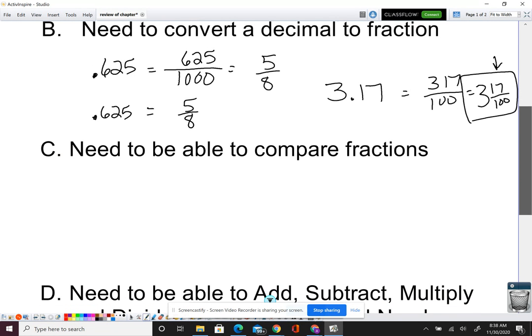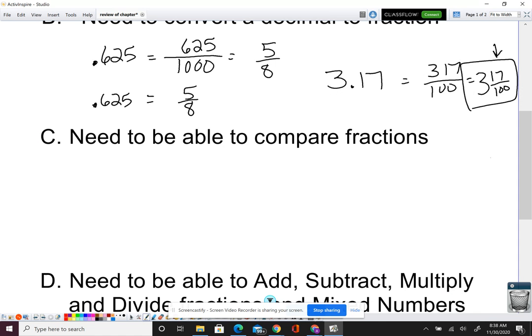There are two types of comparisons that you have to do. Which one's larger, 2/5 or 6/27? They'll have a circle, and you'll have to put a greater than, a less than, or an equal sign.